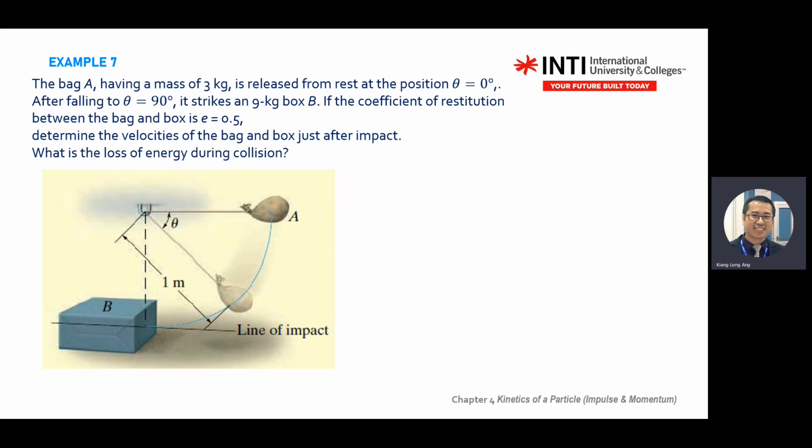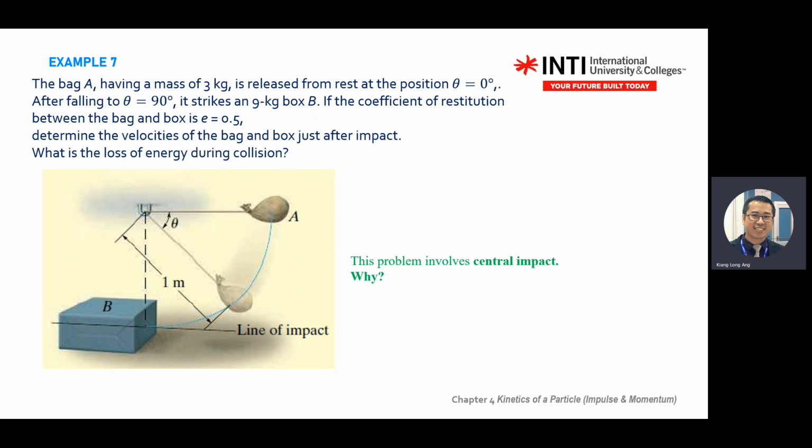In this case, you can put your datum aligned with A or aligned with B. If your datum is below, then your potential energy will be positive because your object is above the datum. If your datum line is aligned with A, then when A hits B, the energy will become negative because your height goes down below the datum. Okay.